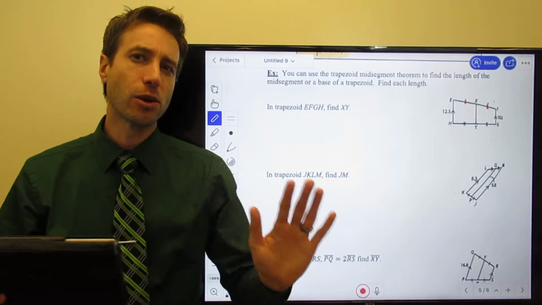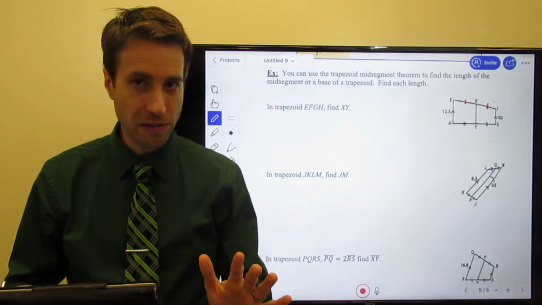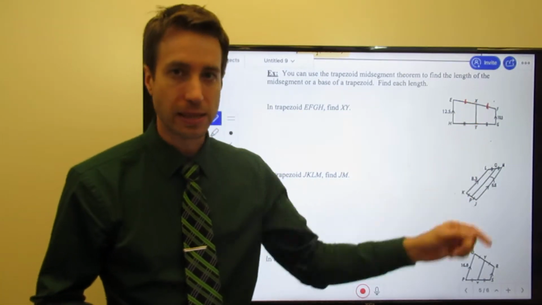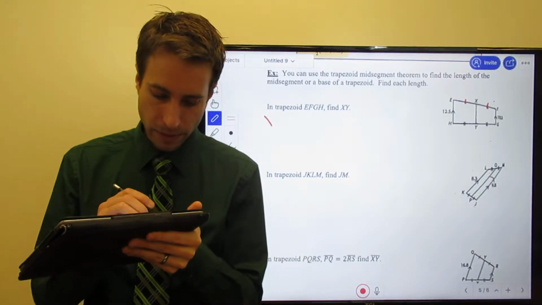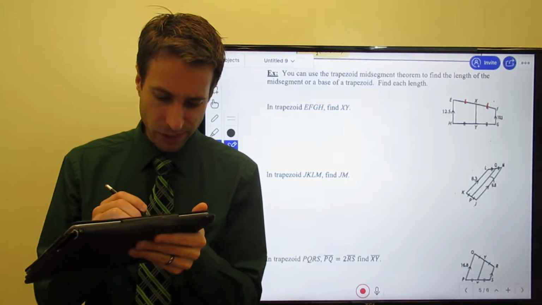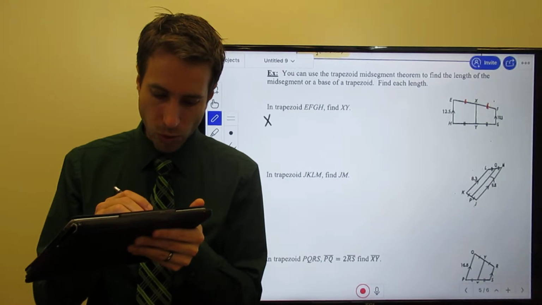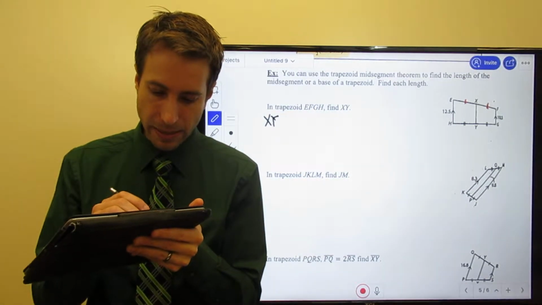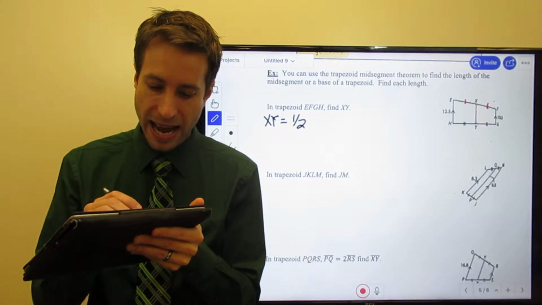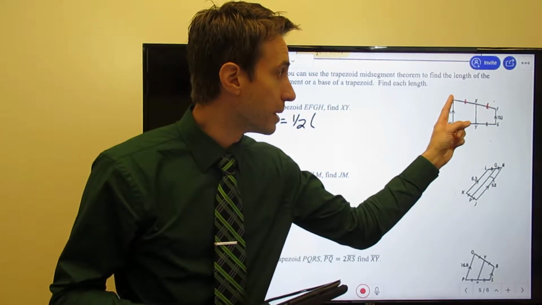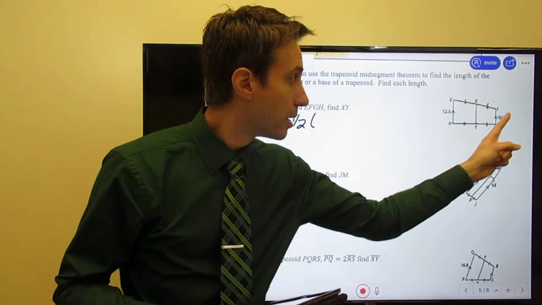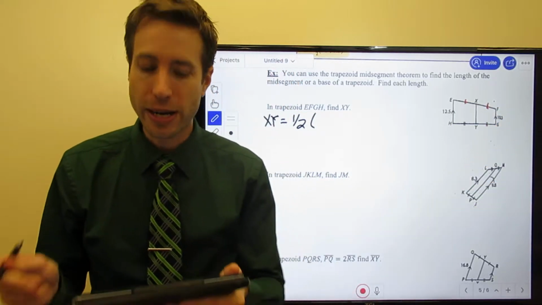All right, so please don't overcomplicate this. It is a very, very simple idea. I have a mid-segment. What is my equation? Well, it's simply this. Let's do black. XY, the mid-segment, is equal to 1/2 the sum of the bases. That would be EH and FG. How do I know the bases?